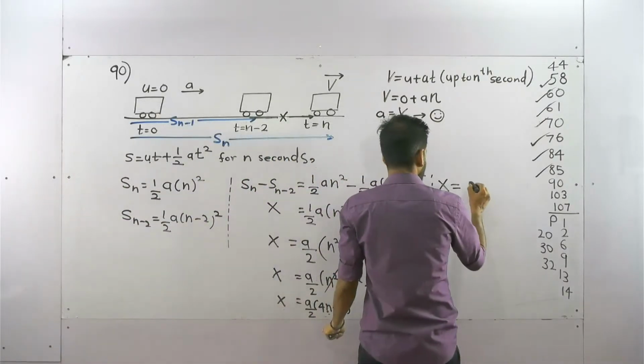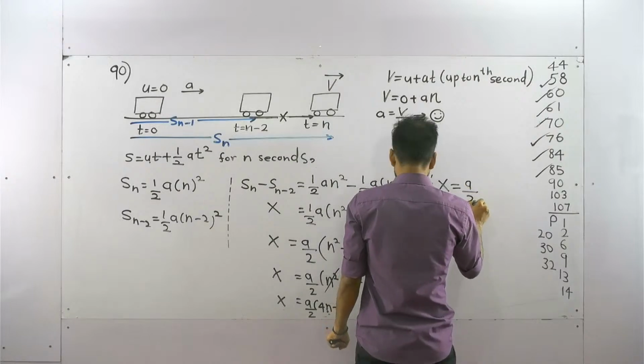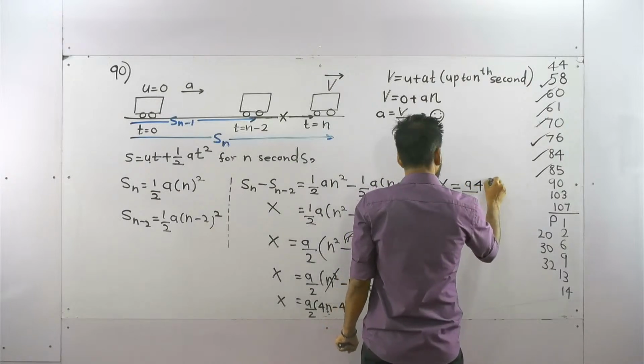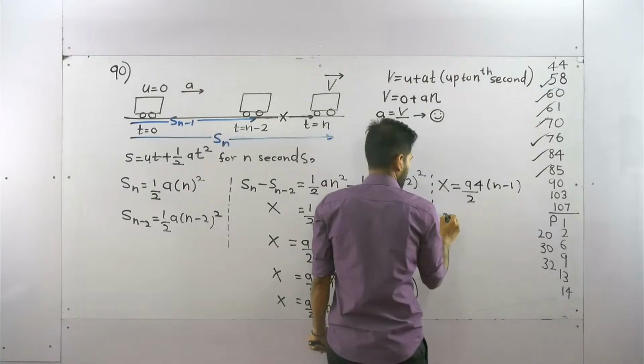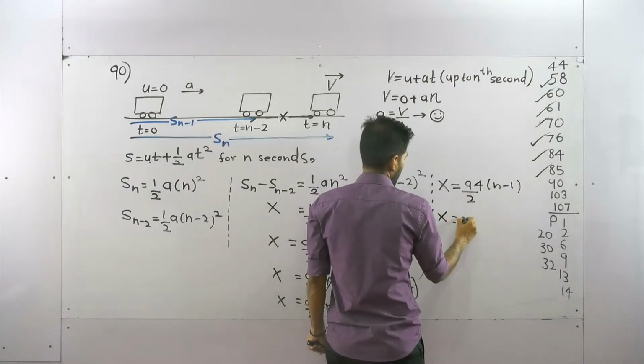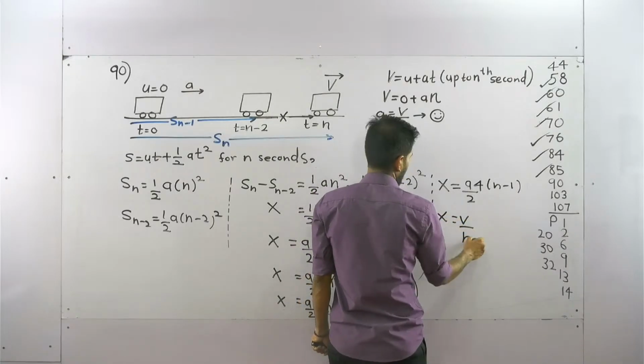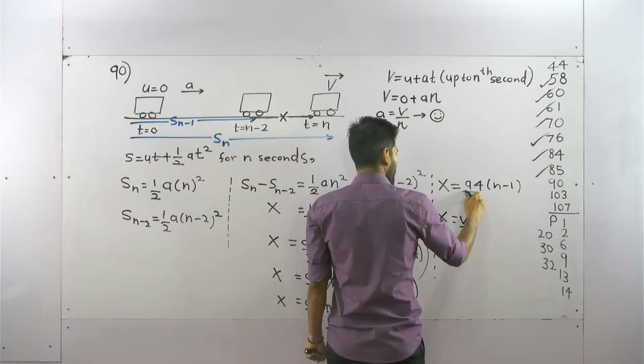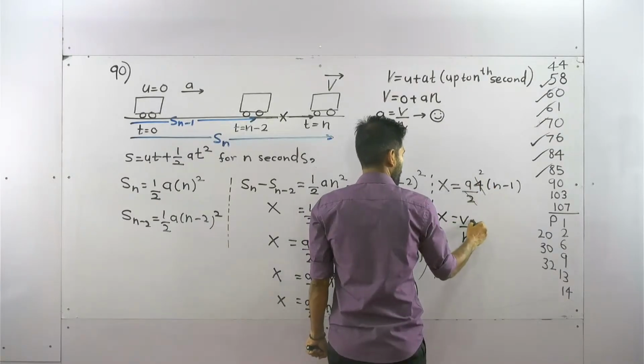Now X is equal to A over 2, taking 4 outside, (n minus 1). A is equal to V over n. 4 over 2 will give you a value 2 here.